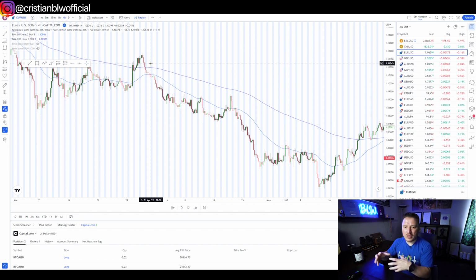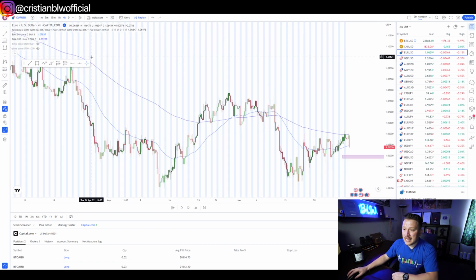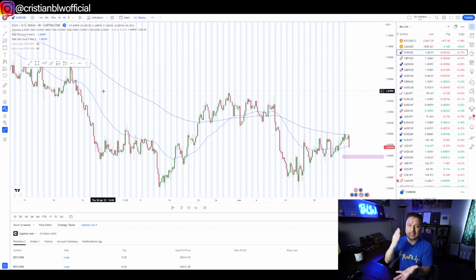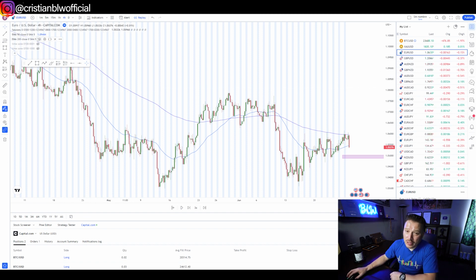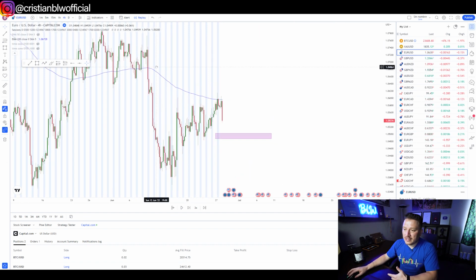The 50 EMA will tell you the immediate trend, which means right here, this basically means that the price of the asset might be broken. But the 200 EMA doesn't tell you that. It just allows you to understand what the bigger trend is. You can use the 50 or you can use the 200. You're gonna realize that the 50 gets touched many more times, but the 200 gets touched a lot less.